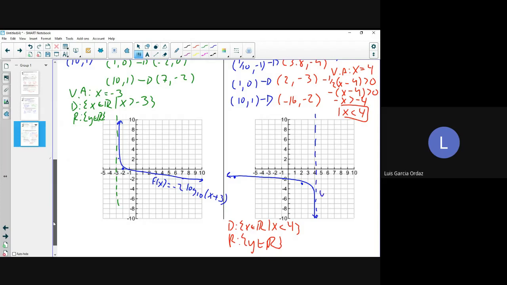This is f of x equals log base 10 of negative 1 over 2 times x minus 4, minus 3. Is everyone finding this easy so far?